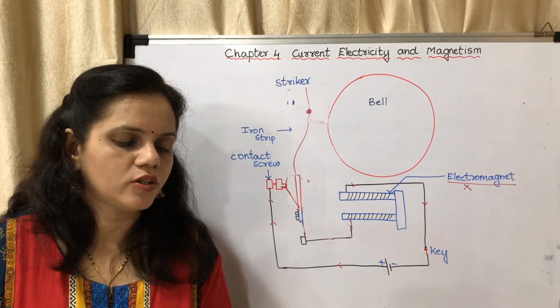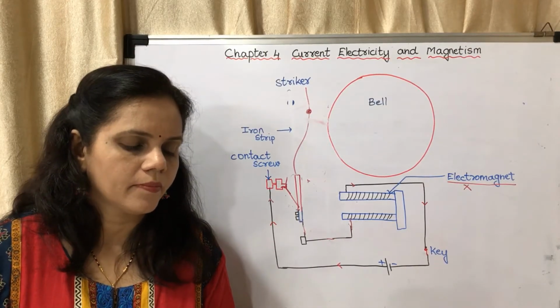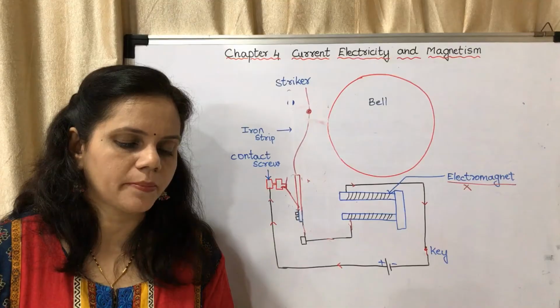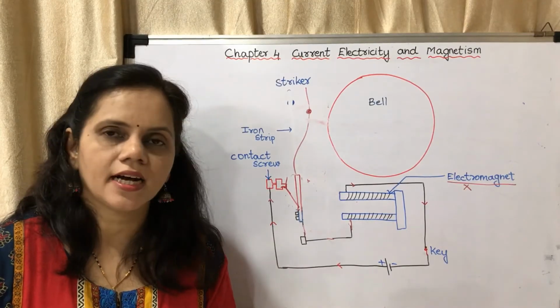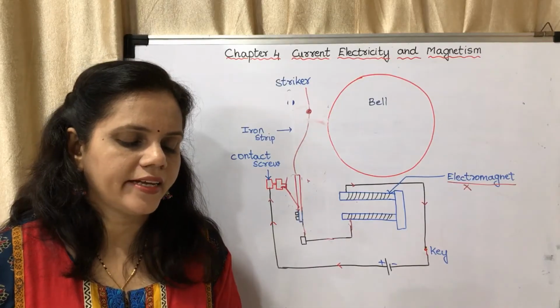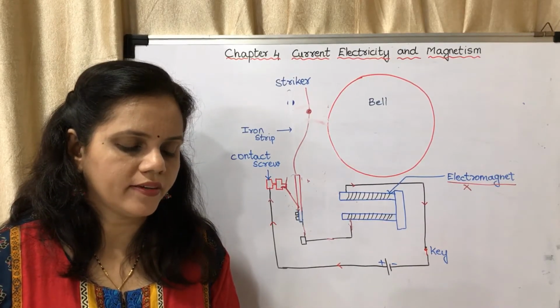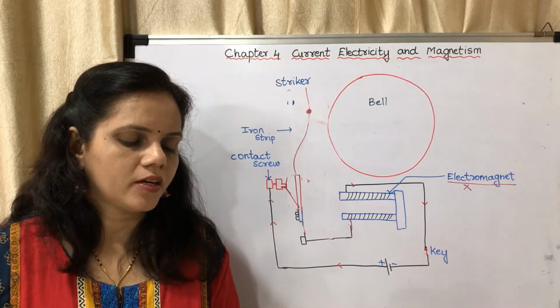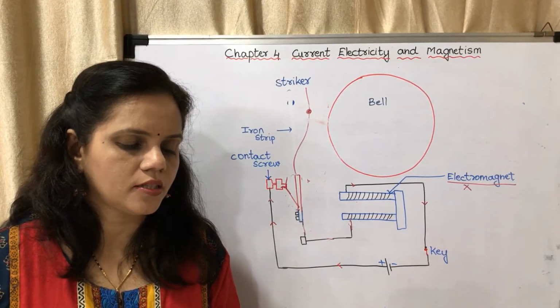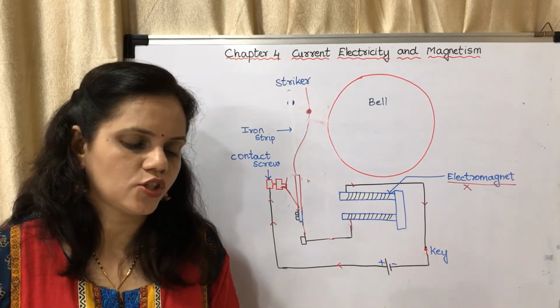The current flows in the circuit when the screw is in contact with the strip, and hence the coil becomes a magnet and attracts the iron strip towards it. Therefore, the striker hits the gong and the sound is created. However, at the same time, the contact screw loses the contact with the strip and the current in the circuit stops.